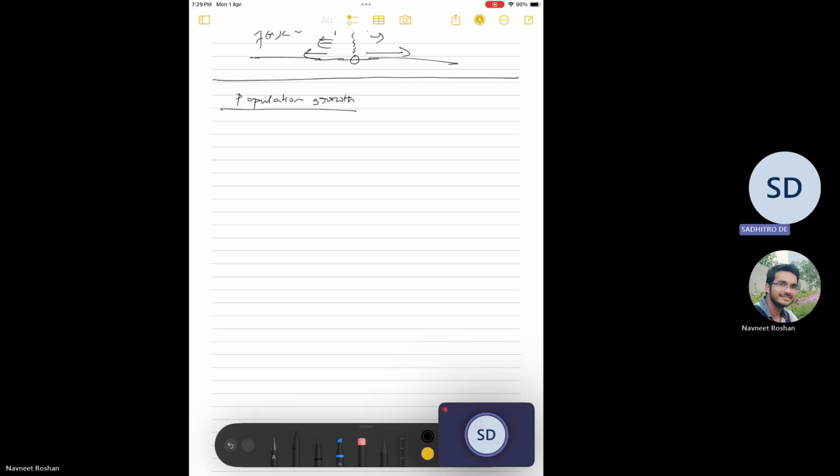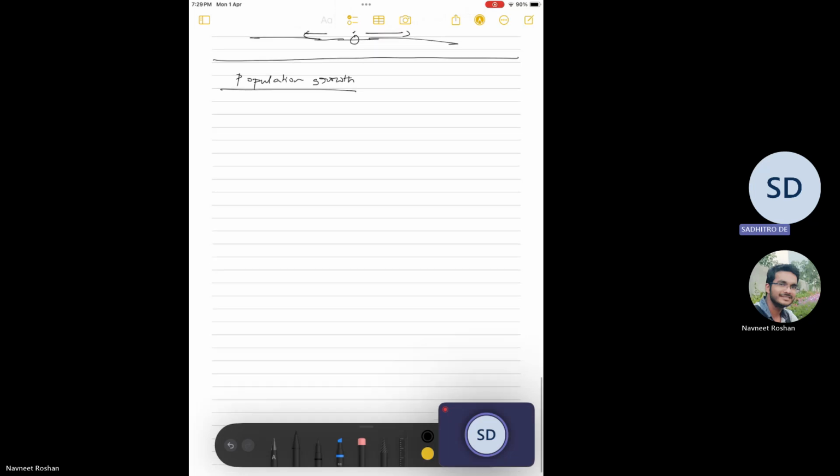So basically, how can one model a population growth? Suppose you have n number of individuals at a given time. Those n number of individuals reproduce and then give rise to a larger population. So let us say that n of t is the number of individuals at time t. Okay, and what does this depend on?